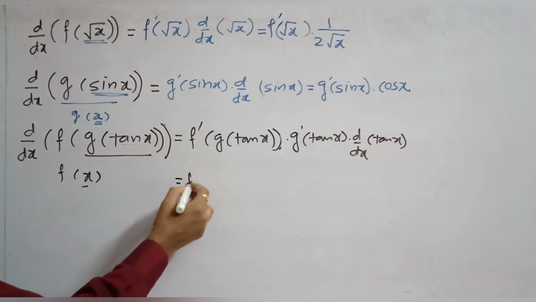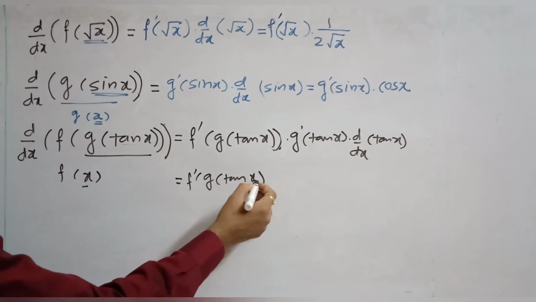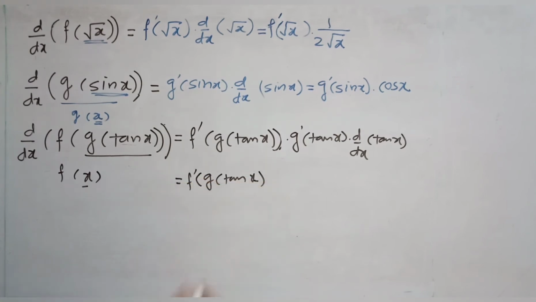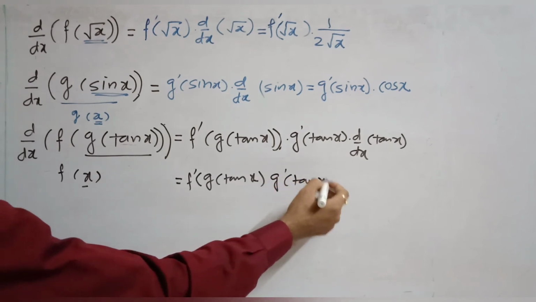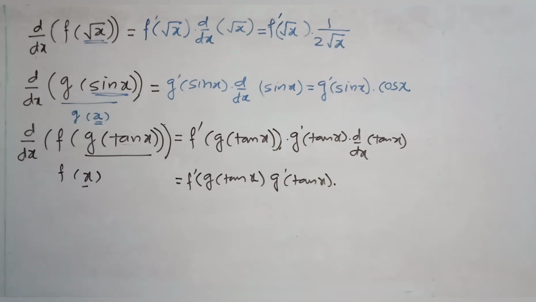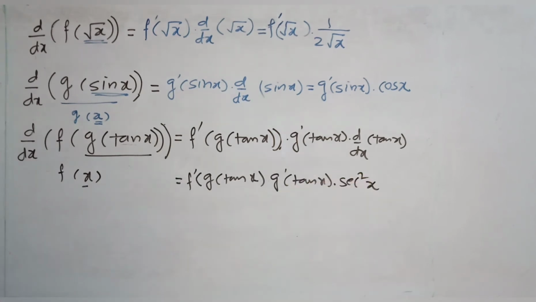This is f dash g of tan x into g dash tan x and into, finally, d by dx of tan x is known to us, it is sec square x. So in this manner we can answer this kind of derivatives.